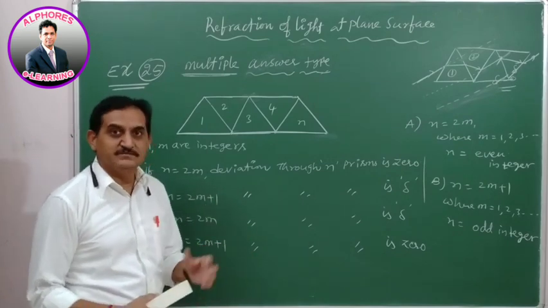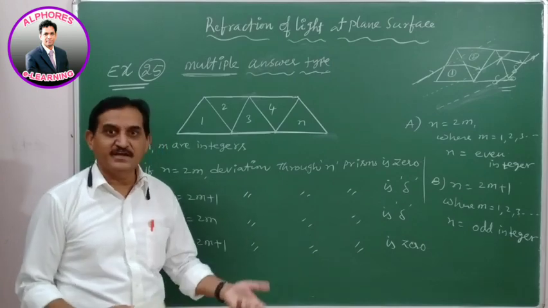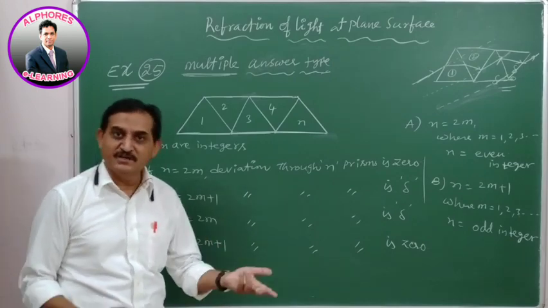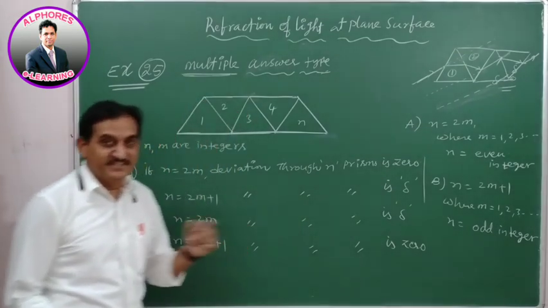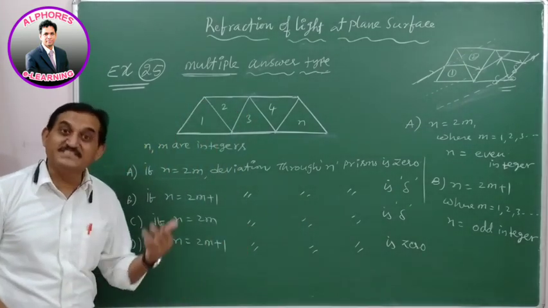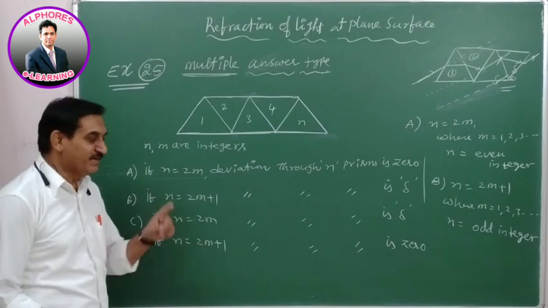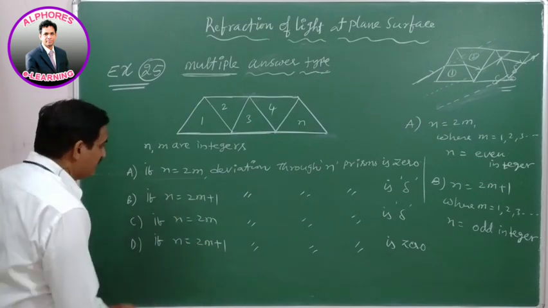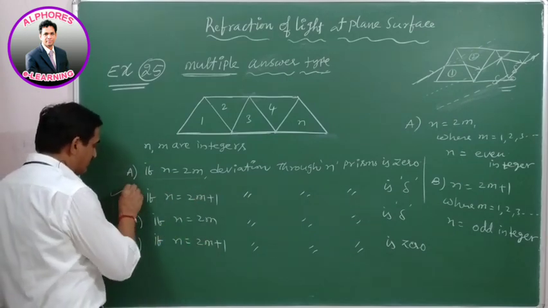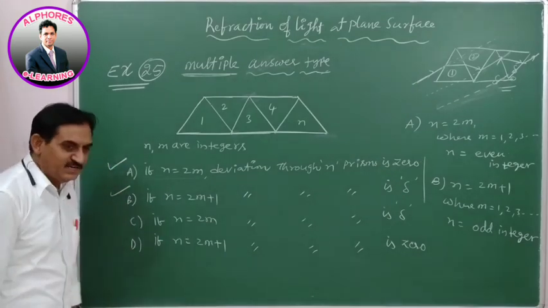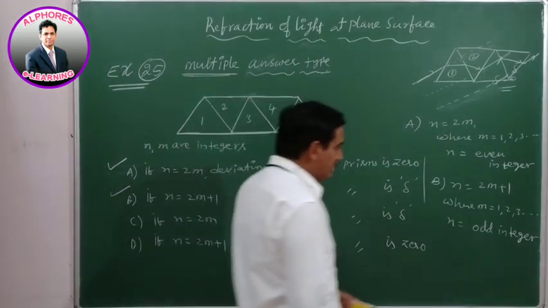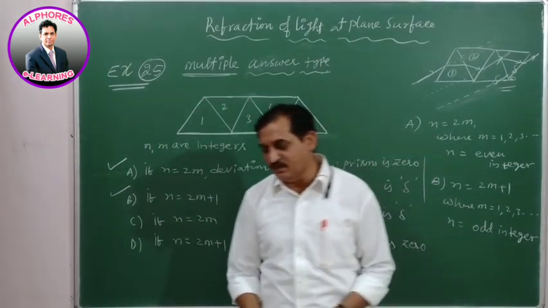And when the fourth is joined, 0, and when the fifth is joined, again deviation occurs, delta. Therefore, for an odd integer, the net deviation totally is how much? Delta, which is equal to the deviation given by a single prism. Therefore, in this case, this is also correct. Now, options A and B are correct, and C and D are wrong. So let us move on to another one.